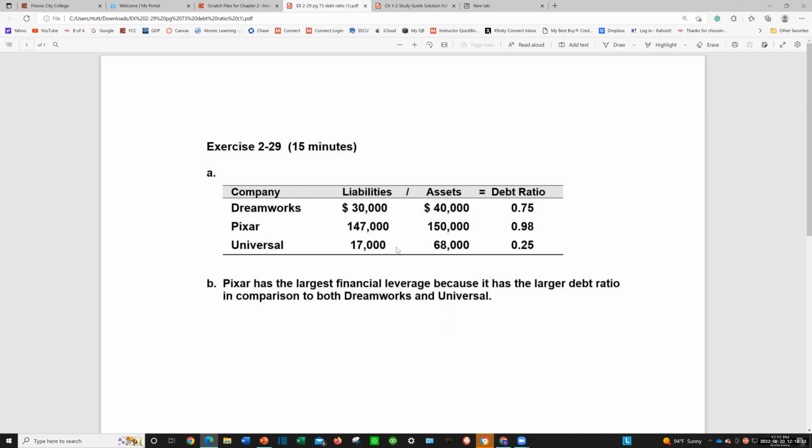And then Universal, liabilities of 17,000 divided by assets of 68,000, it's 0.25. If you just wanted to look at this by itself, you would say that Universal is the less risky company. Their debt ratio is only 0.25. Pixar looks pretty leveraged, and that could be potentially a lot of problems.